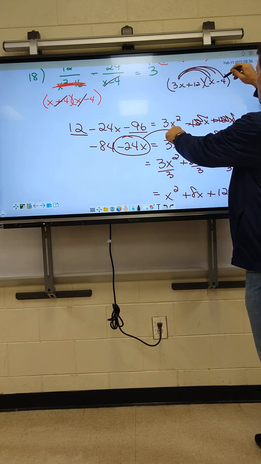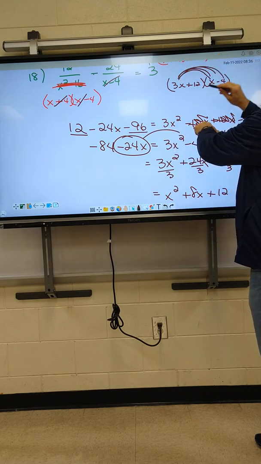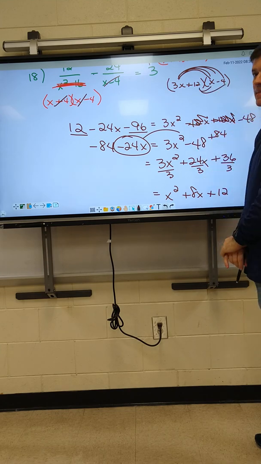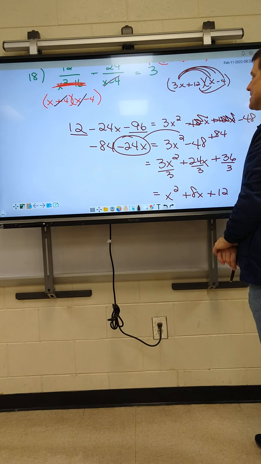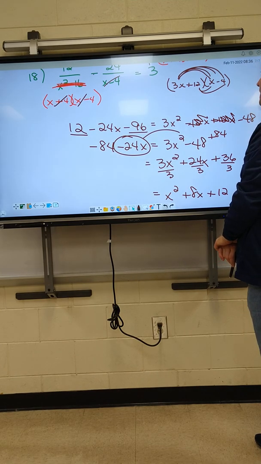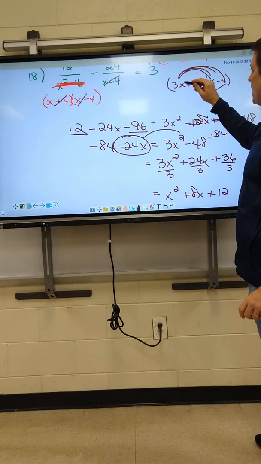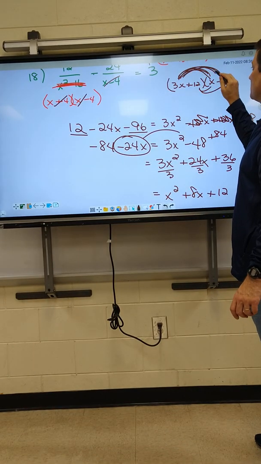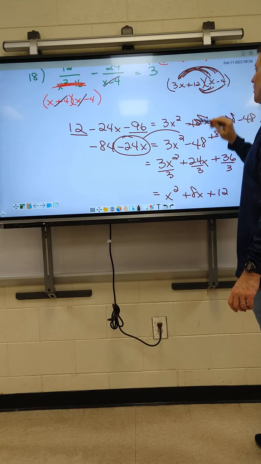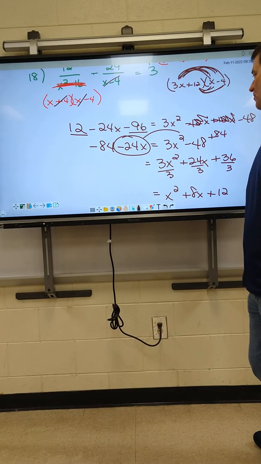I times these two, I got negative 12x. Then you slide over and do the same thing with the 12. But whenever you do the 3 times the x plus 4, don't you have to times it to the x plus 4? No, you just times both of these by the 3x first, then slide over and times both of these by the 12. That's full math.